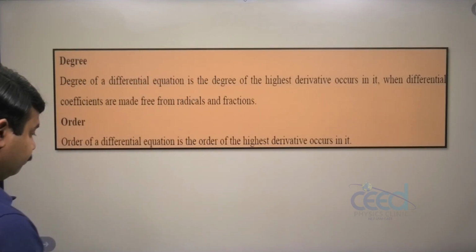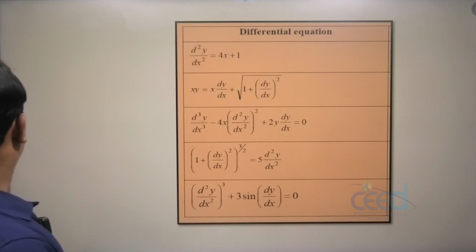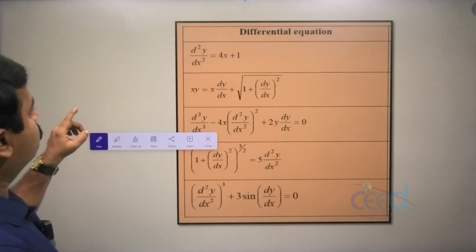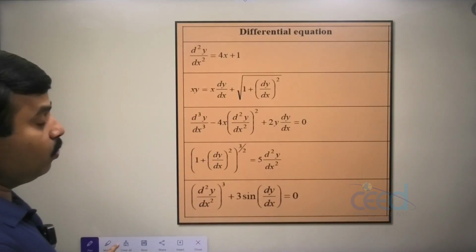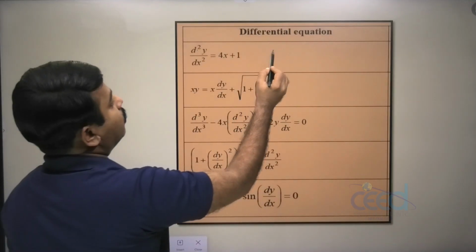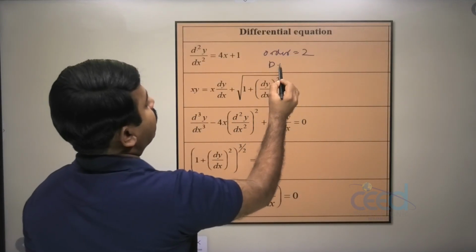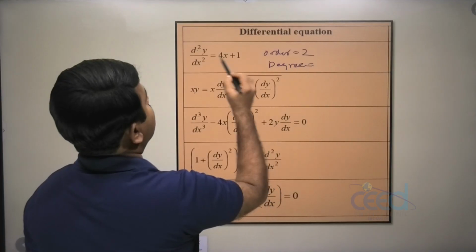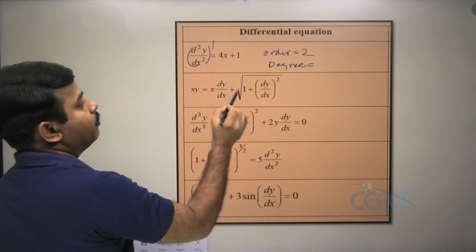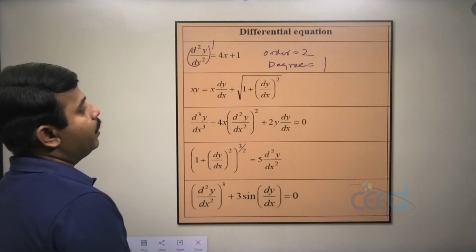Now I have given some differential equations, so let us find the order and degree. In the first equation the order is 2, and the degree, that is the exponent of the highest order term, is 1. But for the next one, what are the degree and order?